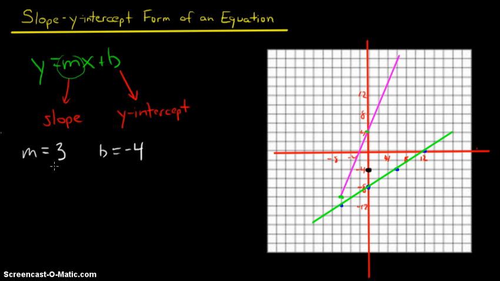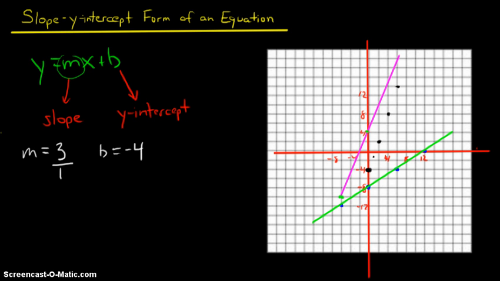It's not really over anything. All I have to do is go 3/1. Okay, so 3 is the same as 3/1, so I have a rise of 3 and a run of 1. So if I want to graph that, I just go to my y-intercept, and I can go up 3/1. And then up another 3 over another 1. And I can do that all the way.